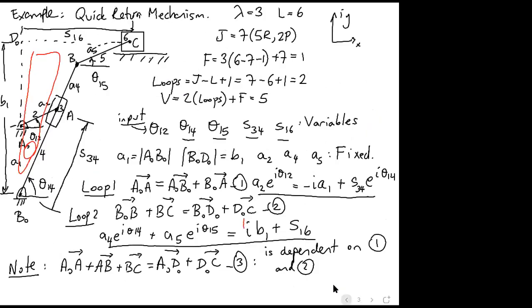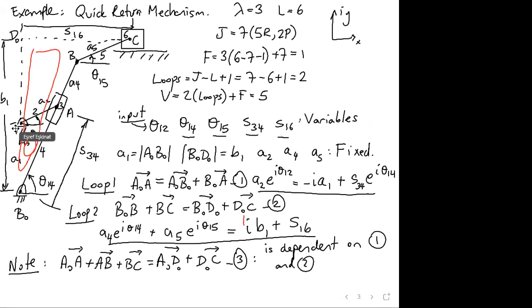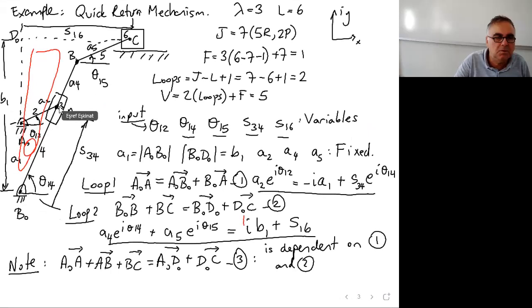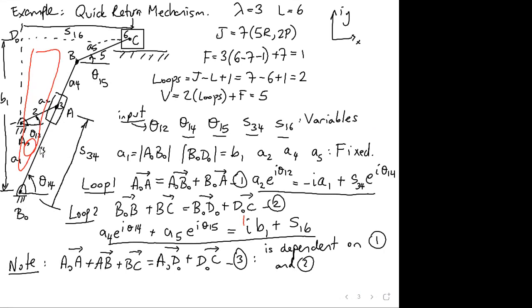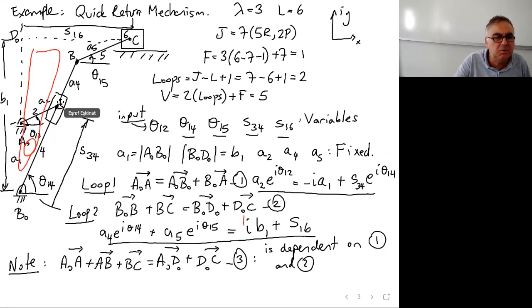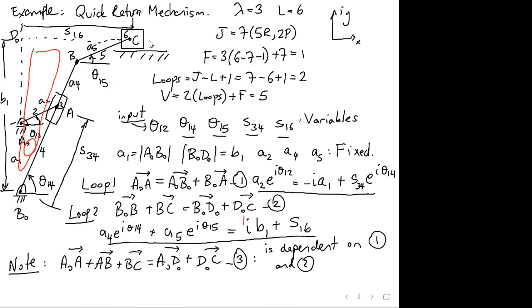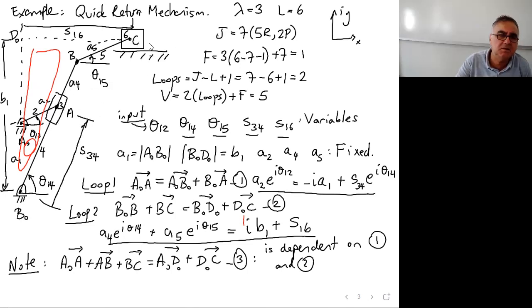This one. I'm having a bit of trouble finding the five revolutes. Could you just point them out over here really quickly? Okay, 1, 2, 3, 4, 5. At A0, B0, A, B, and C. These are the revolute joints. And the sliders are on A and C.